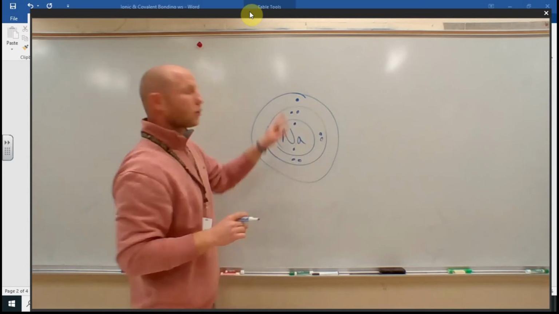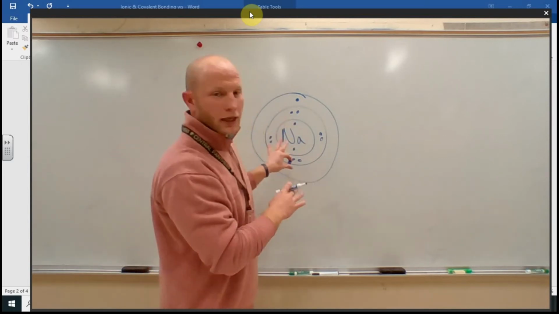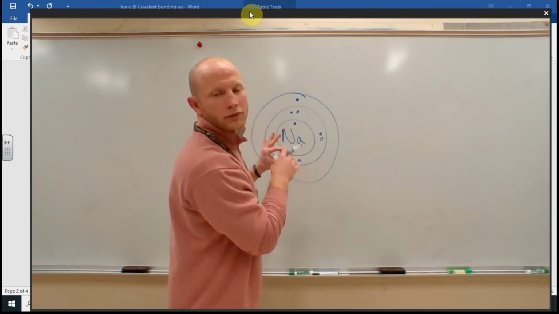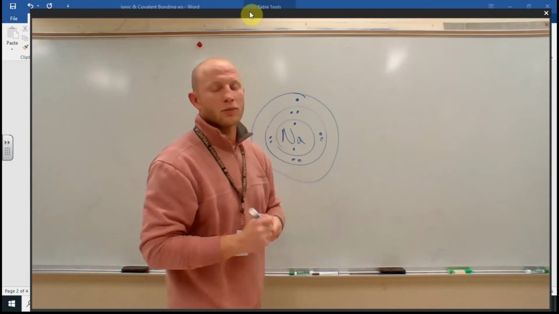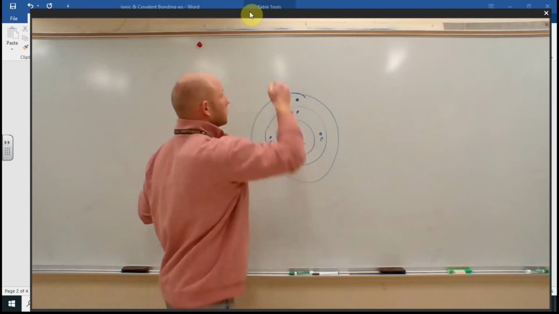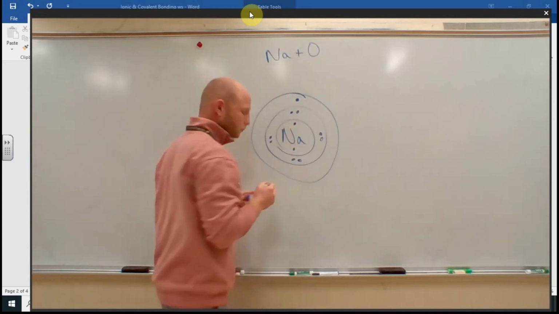So anyways, I just drew all the electrons. I said it has 11 protons. An atom like this, a neutrally charged atom, will have 11 electrons because of the 11 protons. When it forms these chemical bonds, so sodium oxide is what that first box is, Na plus O, okay?